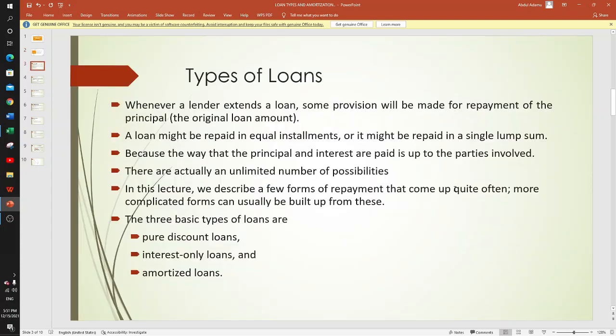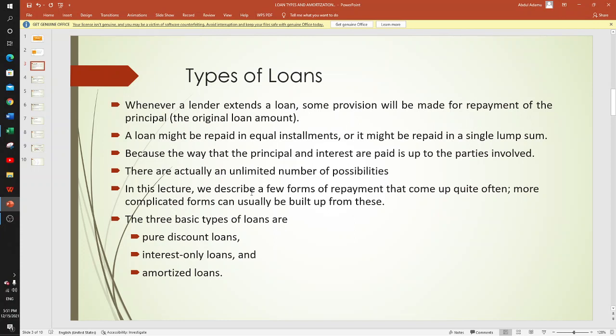Types of loan. Generally, whenever a lender extends a loan, some provision needs to be made for the repayment of the loan. The repayment of the loan includes the principal and the interest. A loan might be repaid in equal installments or in a single lump sum.